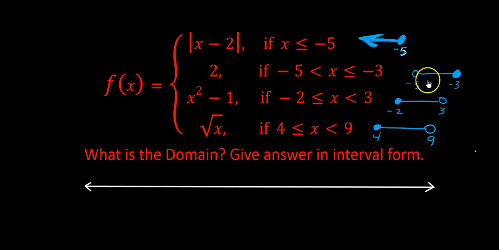Okay, so I need to have -5, -3, -2, +3, +4, and +9.